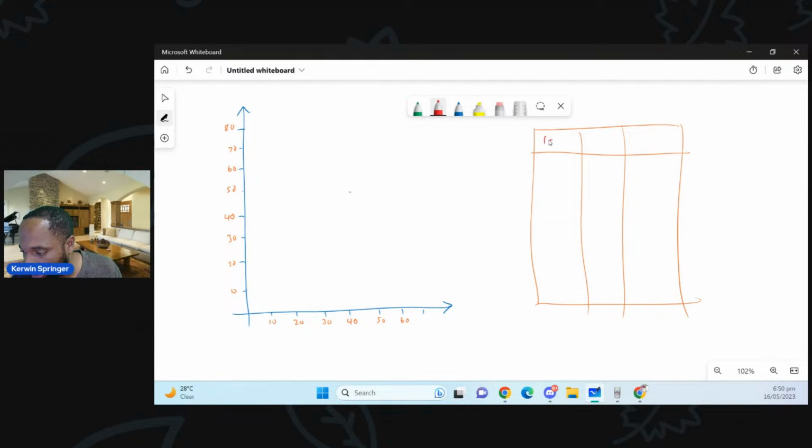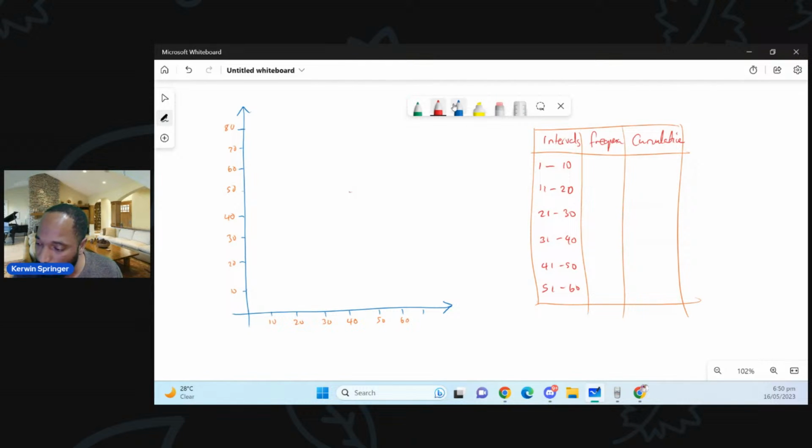Here's what I mean. They put the intervals, and then they put the frequency, and then you have your cumulative frequency. Let me just show you what's supposed to happen. Usually they have the intervals, like 1 to 10, 11 to 20, 21 to 30, it could be ages of people in a class or some kind of thing, 31 to 40, 41 to 50, and then we finish off with maybe 51 to 60.